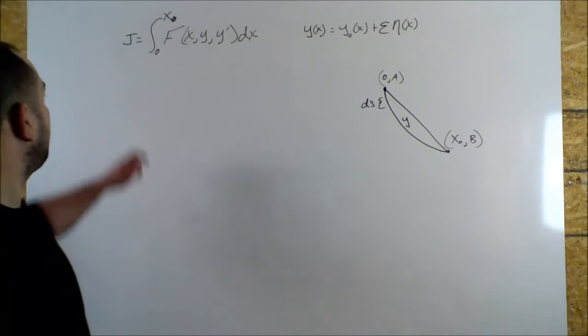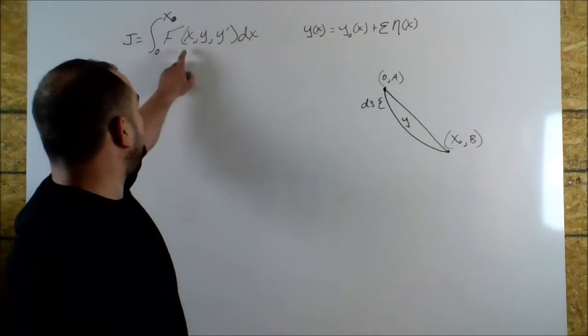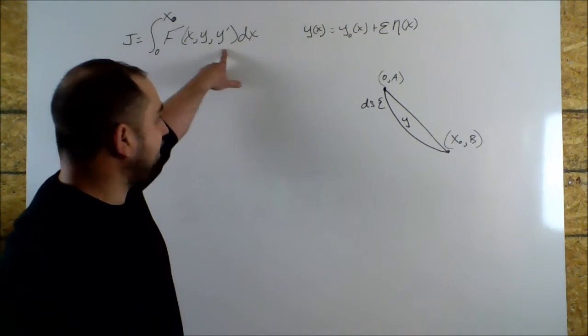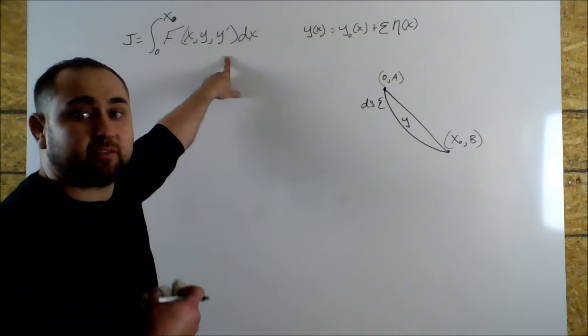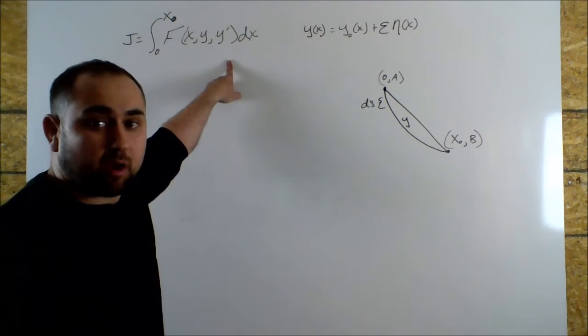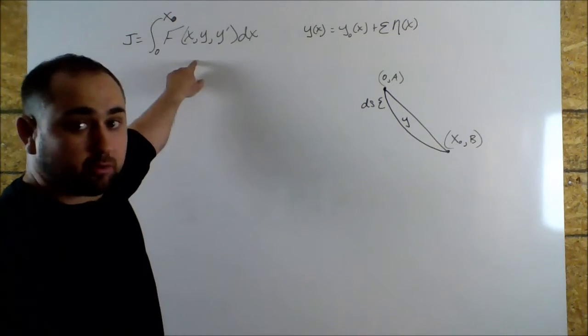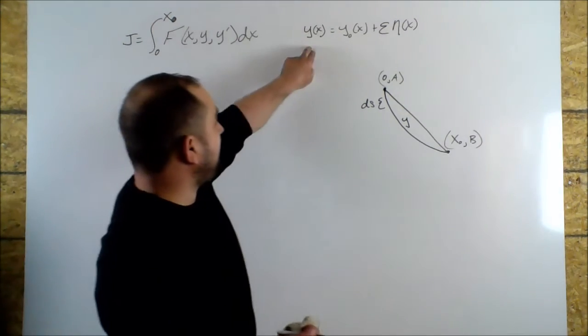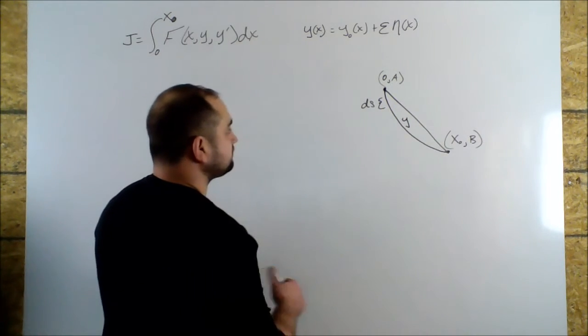Here we have J is equal to the integral of f, and f is a function of x, y, and y prime. Again, we don't know what y and y prime are. We're trying to find the conditions that y and y prime have to satisfy to minimize this integral. Let me explain this simply using our diagram.